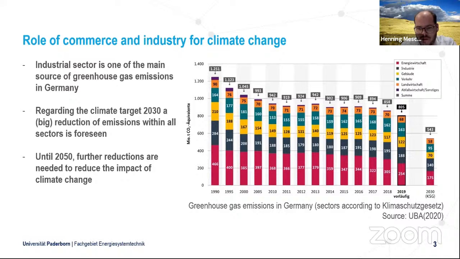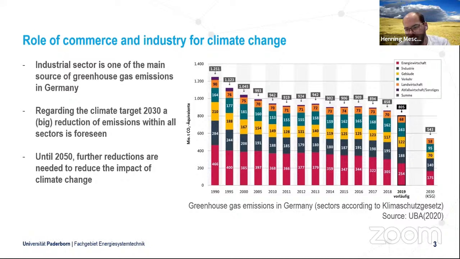Down here, this red part is the energy sector, but this big dark blue part is the industry. So you see that industry causes a very high share of the national greenhouse gas emissions in Germany. Of course, you can see the same for other countries in the world.